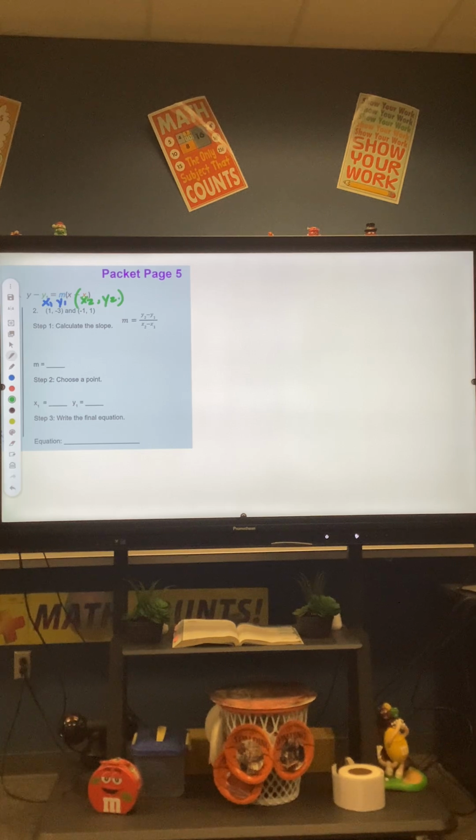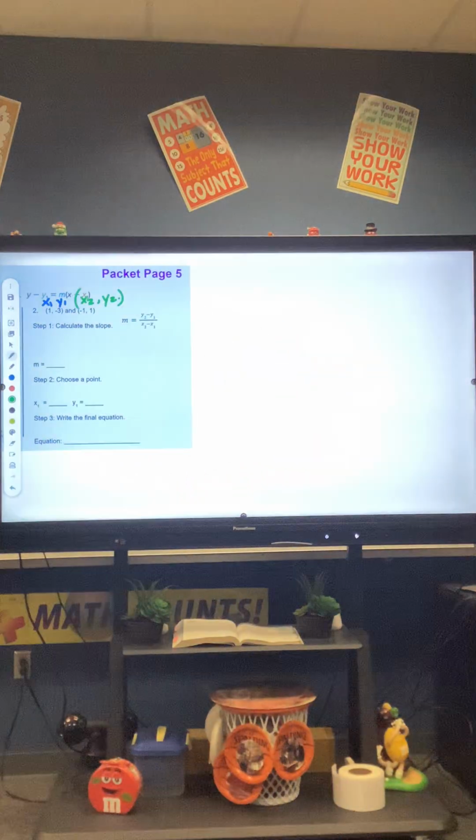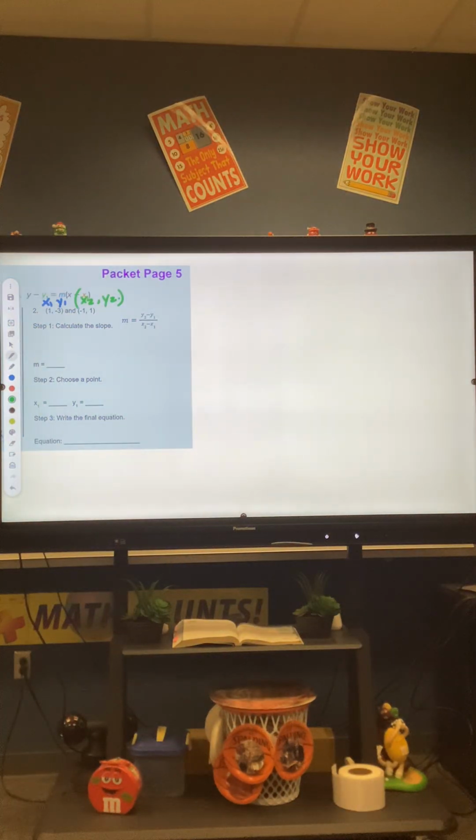Okay, make it happen. Let me know when you get a slope. Some of y'all getting slopes. Is it a positive slope or a negative slope? Be careful, be careful, be careful. Is it a positive slope or a negative slope?